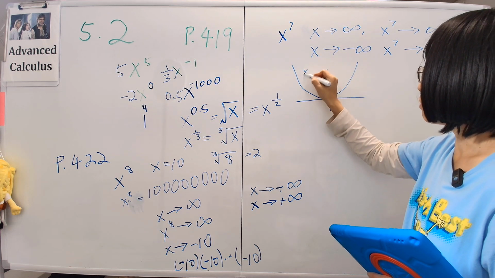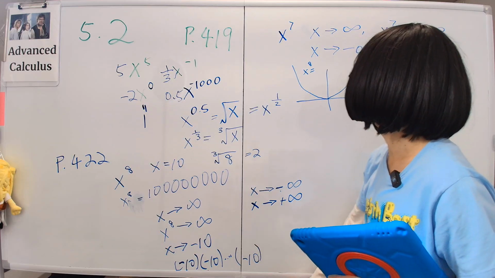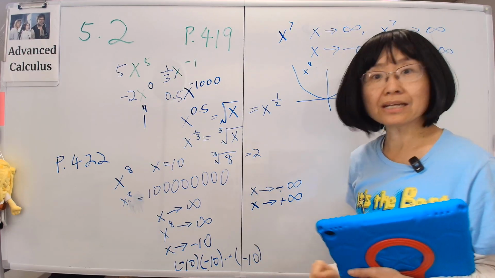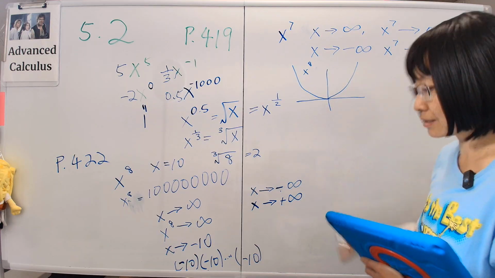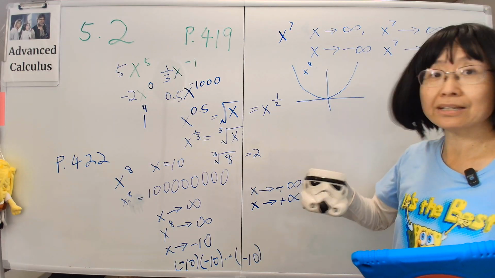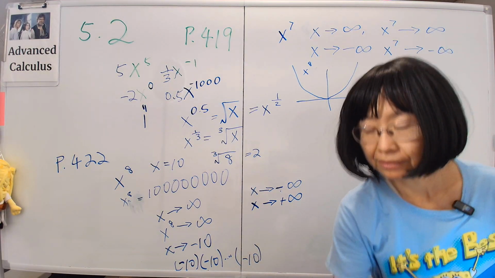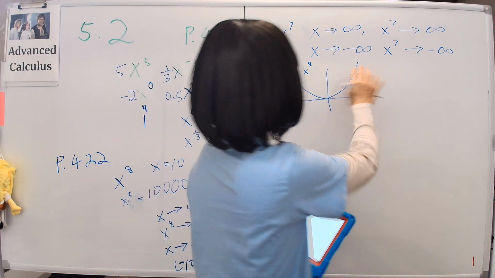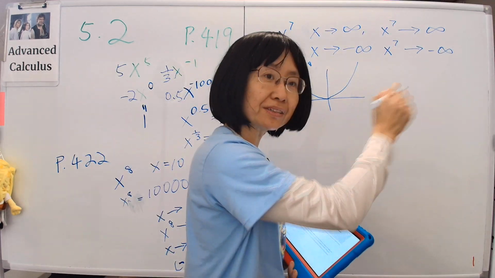This is x to the power 8, or any even power. Any even power would be rising on both ends, very similar to the x squared function.